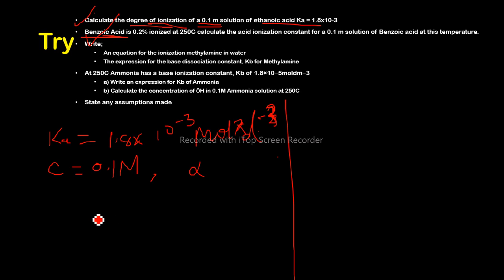Now remember, we derived the formula and came up to the final formula, which we can use to calculate the degree of ionization as the square root of Ka divided by C for a monobasic acid. We can see that ethanoic acid is a monobasic acid.